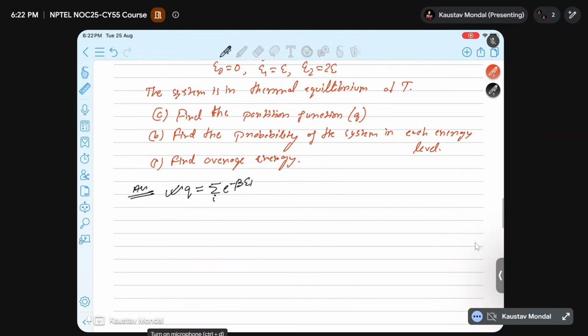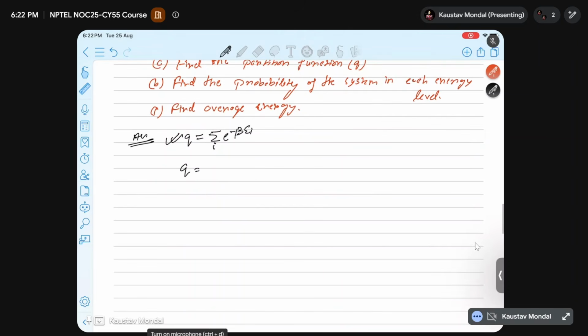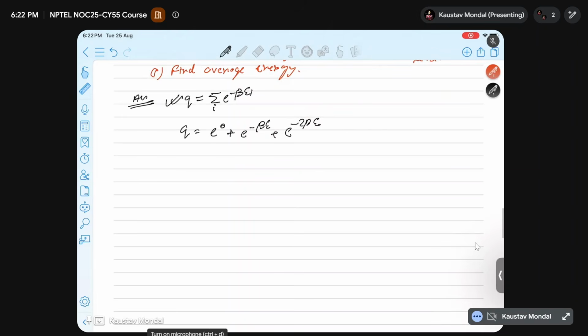There are three energy levels: 0, E, and 2E. So Q would be e to the power 0 plus e to the power minus beta E plus e to the power minus 2 beta E, which equals 1 plus e to the power minus beta E plus e to the power minus 2 beta E. So this is the expression of the partition function.